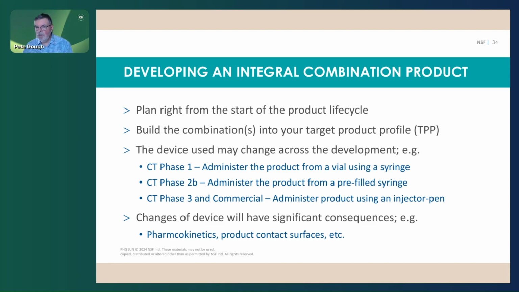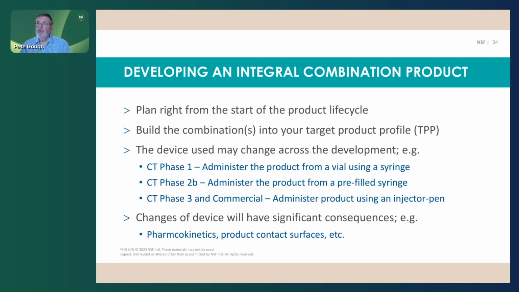And you need to understand that it's going to be a combination product right in your target product profile, at the whole planning of bringing this product to market. And it's entirely possible that the device associated with your product may well change as you go through the life cycle of that medicinal product.